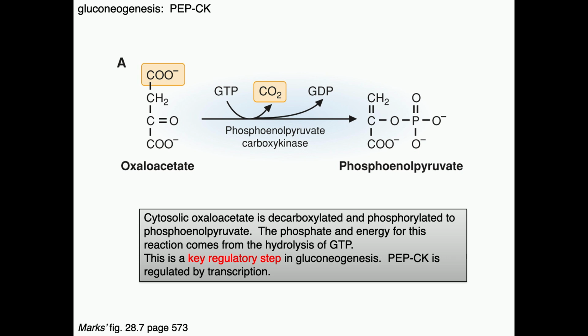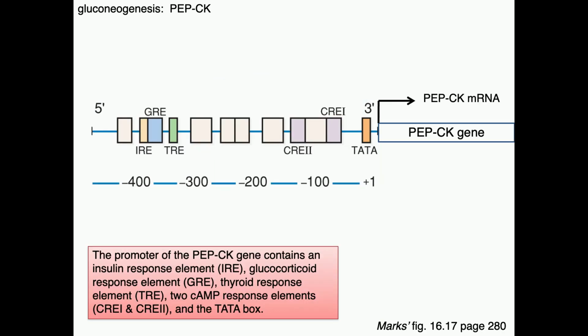So I'd like to just spend a moment and talk about the transcriptional regulation of the phosphoenolpyruvate carboxykinase gene. Now, shown here, the promoter elements in the PEP-CK gene are similar to the promoter elements in the glucose 6-phosphatase gene and the fructose 1,6-bisphosphatase gene.